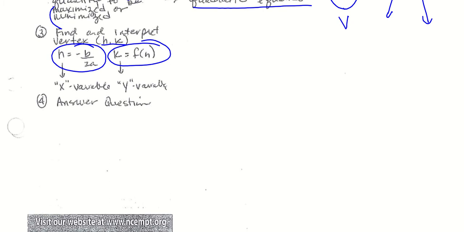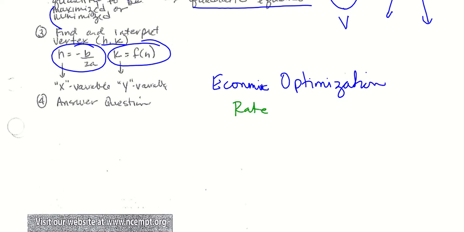What we're going to look at today are economic optimization problems, which are going to use a basic relationship that we're already familiar with. That relationship is that rate times time equals distance.